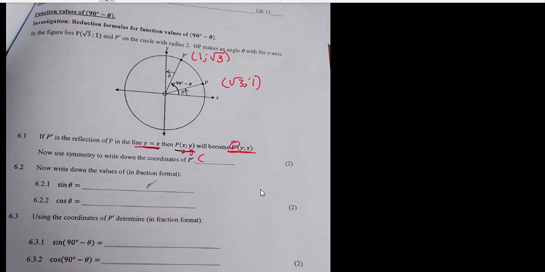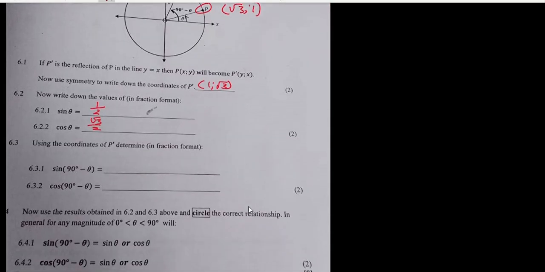So my P prime is here. Now write down the values. So if I'm using this point P, I'm gonna have this, and then I'm also gonna have that. So we're using this point now, P prime.